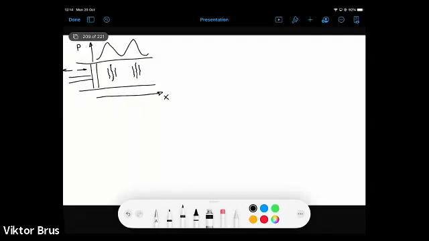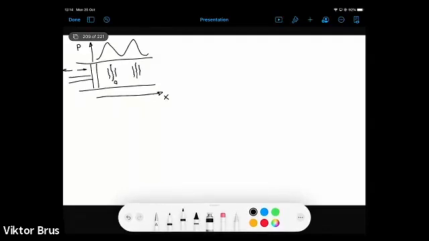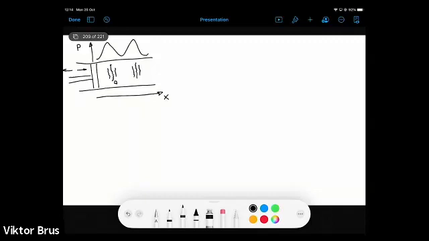So if we consider also some small element of air inside this cylinder, because of vibration of the piston, it will also move back and forth parallel to the propagation of the sound wave in this cylinder, along axis x.